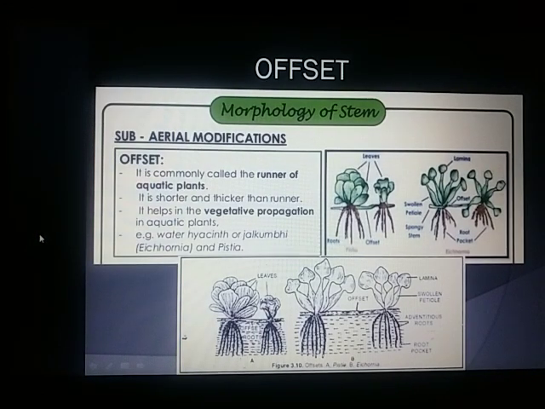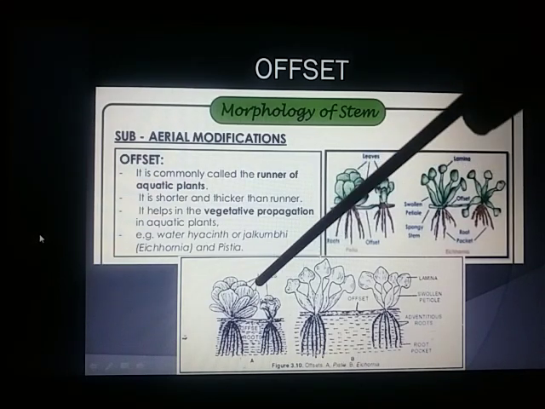The last among the subaerial stem modifications is the offset, which we usually see in free-floating hydrophytes. This is the pistia and this is the eichhornia. The original stem is reduced into a disc-like structure on which a number of crowded leaves are present in a rosette manner.